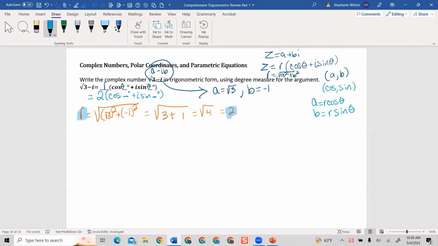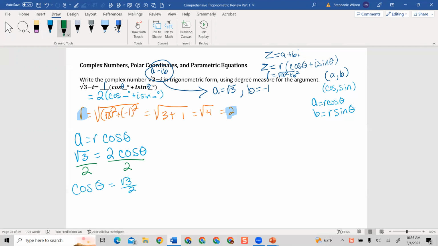So let's take a equals r cosine theta and plug in what we know. We know a is square root 3 and r is 2. I want to divide both sides by that 2 to get cosine theta by itself. So now I get cosine theta is equal to square root 3 over 2.